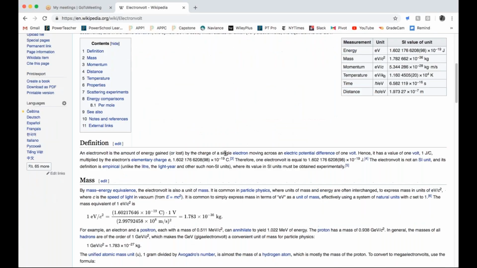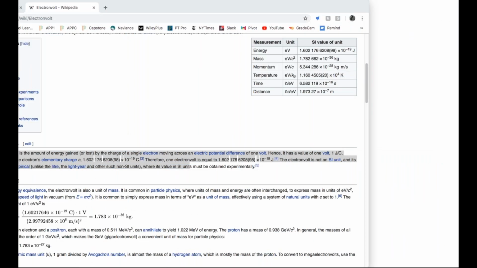But the more formal definition right here is the amount of energy gained or lost, depending on what direction you're going in, by the charge of a single electron moving across an electric potential difference of 1 volt. So a proton volt, since it has the same charge, is going to have the same value as an electron volt in that way. I'd never heard of a proton volt before that question, but nonetheless, there we go. Let's go back to Acrobat.